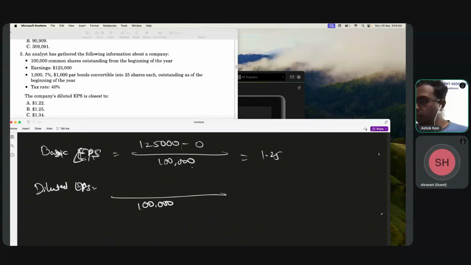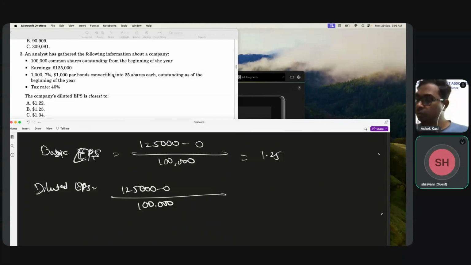Now diluting: 1,000 bonds of $1,000 par, convertible into 25 shares each, outstanding as of the beginning of the year.